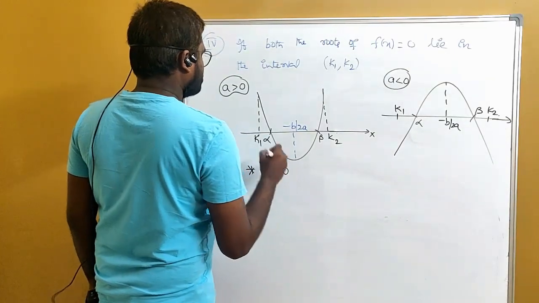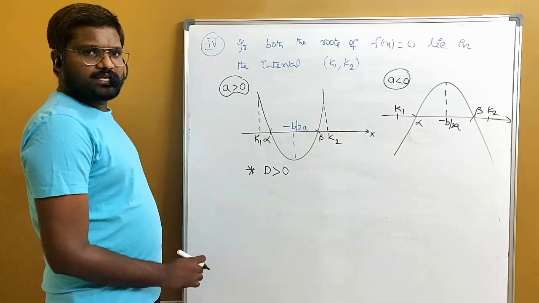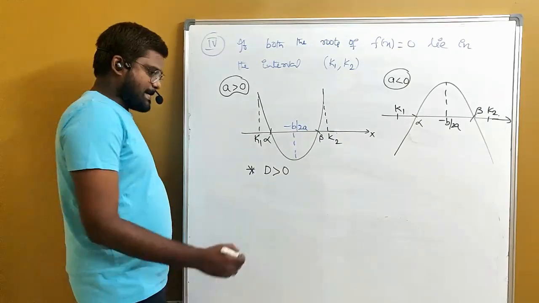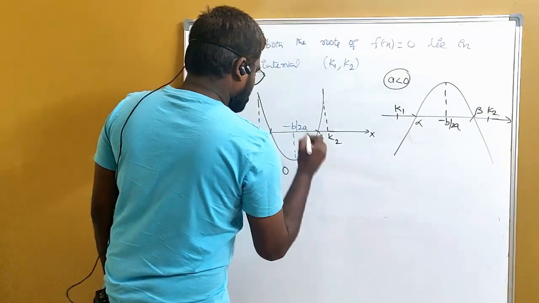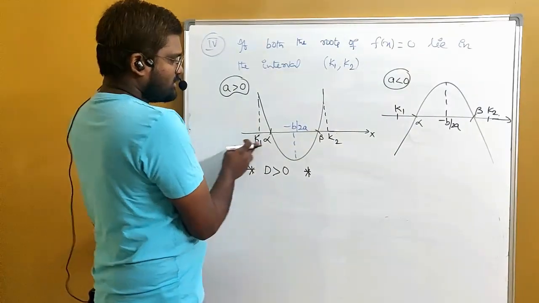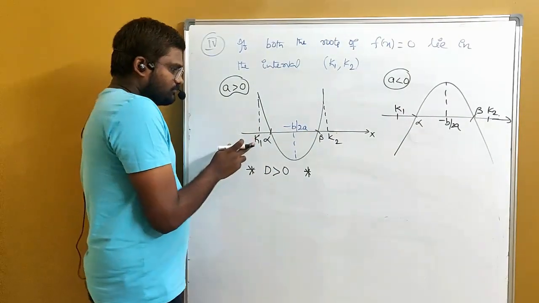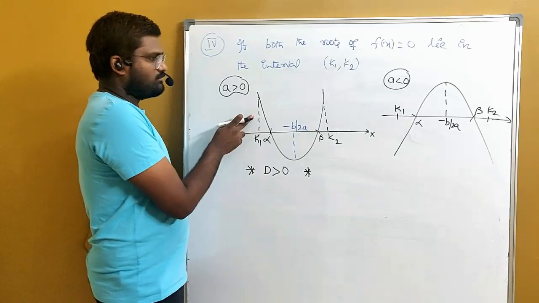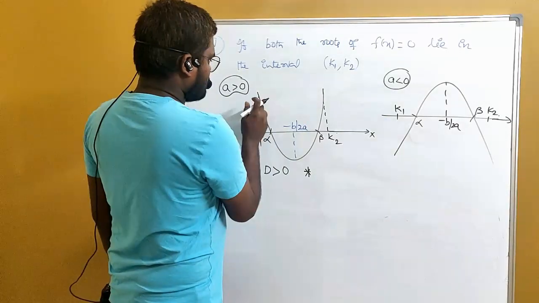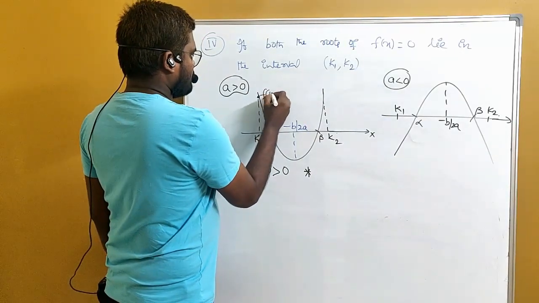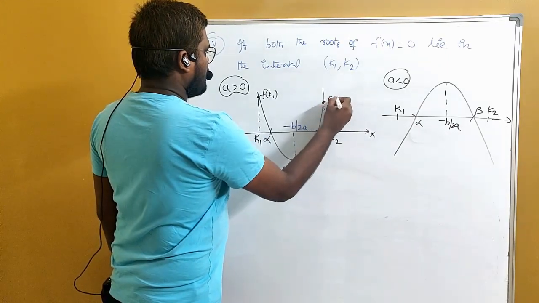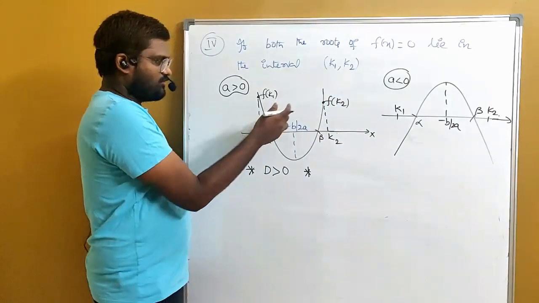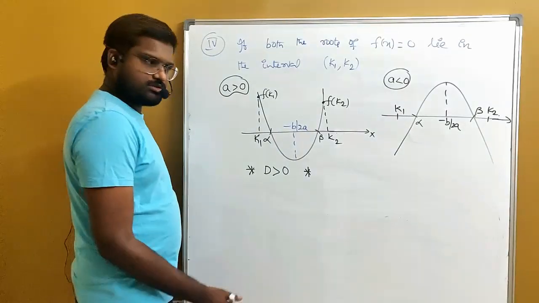First one is d greater than 0, correct? And what about the next one? Look at this k1 and k2. f of k1 positive, f of k2 also positive. So definitely their product will be positive.